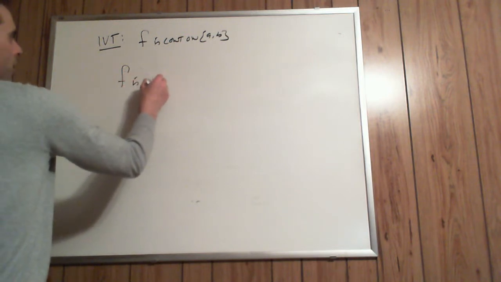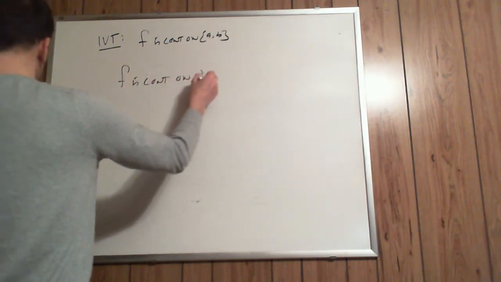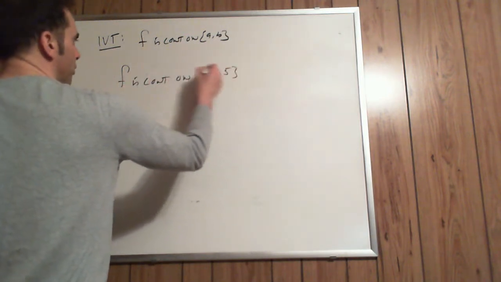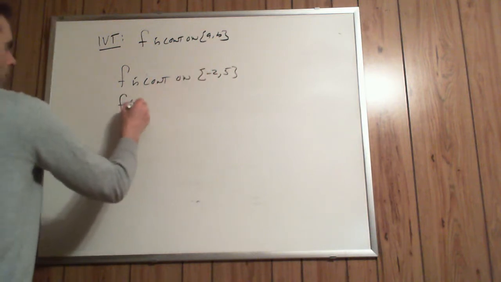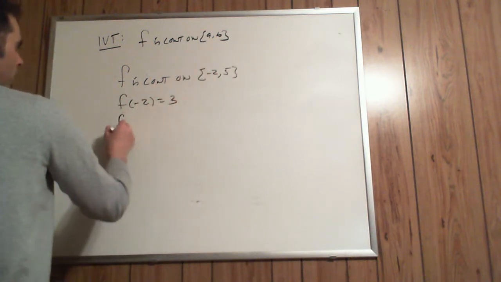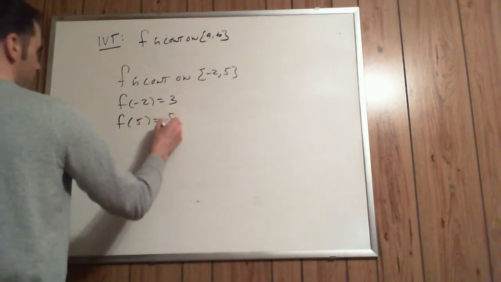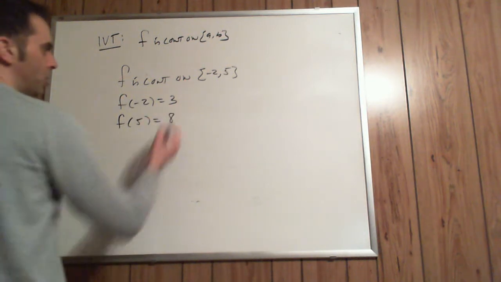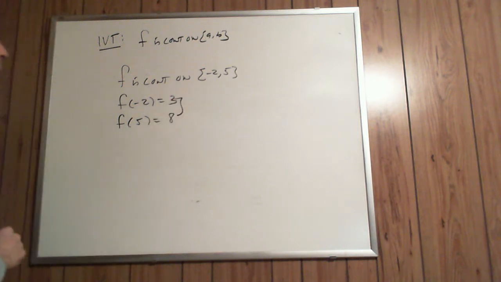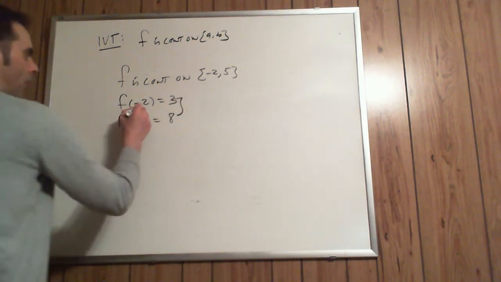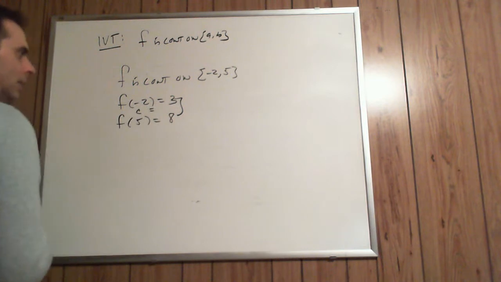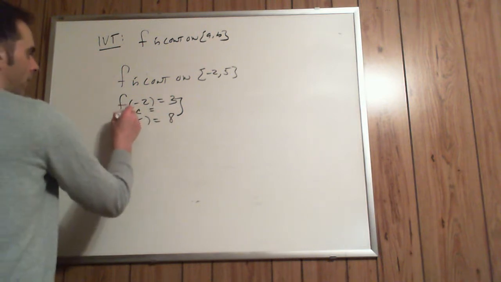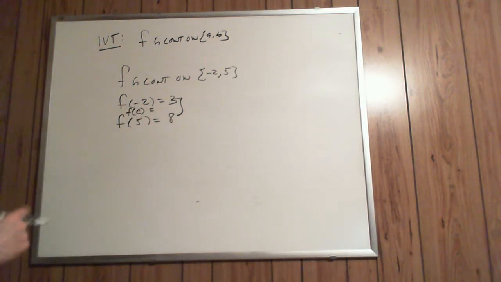Suppose f is continuous on the closed interval negative 2 to 5, and f at negative 2 equals 3, and f at 5 equals 8. So for any y value between 3 and 8, we know we can find a c value corresponding to that, so that f at c equals that.